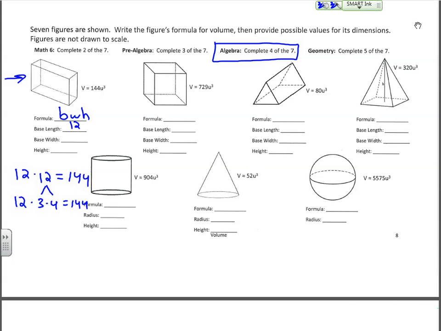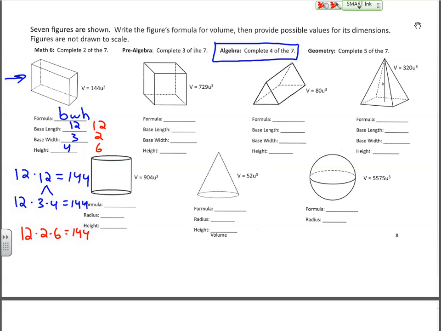And so there is one possible answer here, 12, 3, and 4. We also broke down that second 12 to be 2 and 6, which is another possible answer. 12 times 2 times 6 will also give us 144.